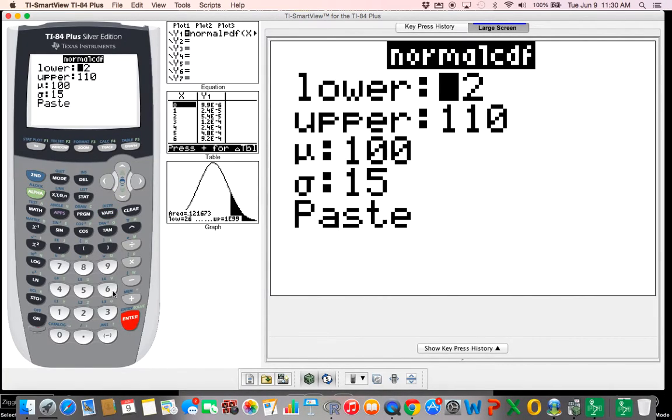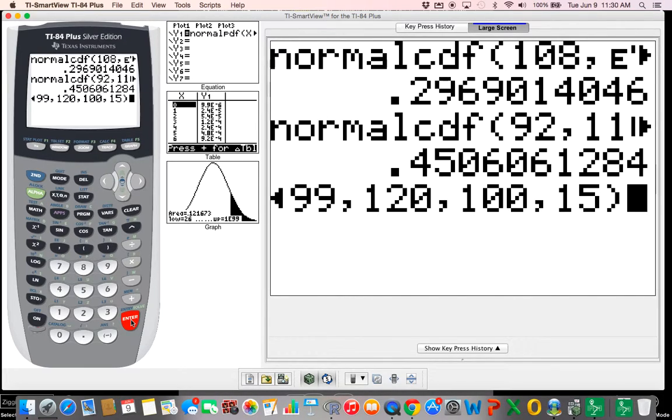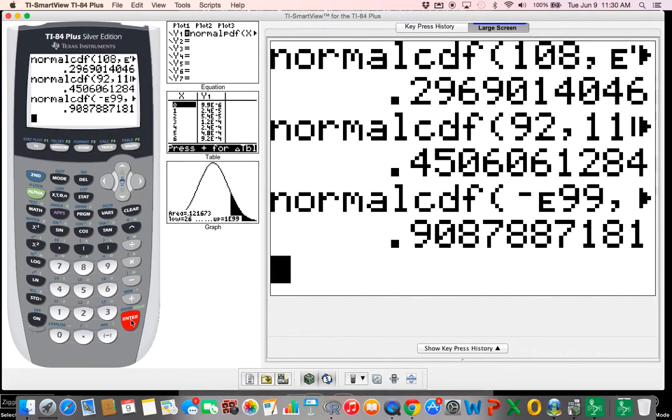So below 120, our lower bound is going to be negative E99. Go up to 120. Paste it and work it. So we're 0.9088. I'm writing this information down, so we'll have it at our leisure.